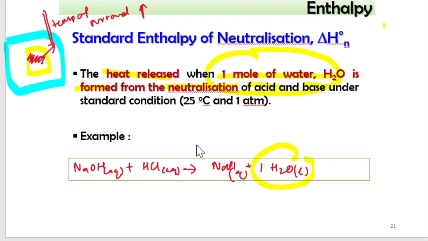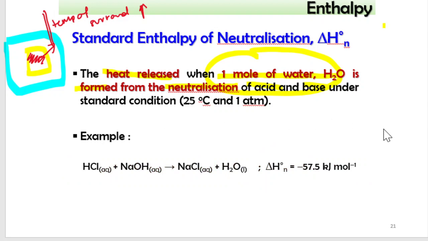So no matter what your acid and base reaction is, for standard enthalpy of neutralization it must be 1 mole of water formed. The water must be 1 mole. The others we can change the stoichiometry. So this is an example of how you write the thermochemical equation with the value for delta H, enthalpy of neutralization, and it must be heat released, negative. All neutralization is heat released, negative.